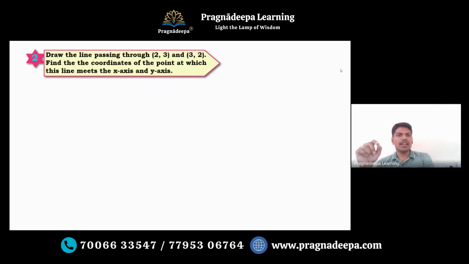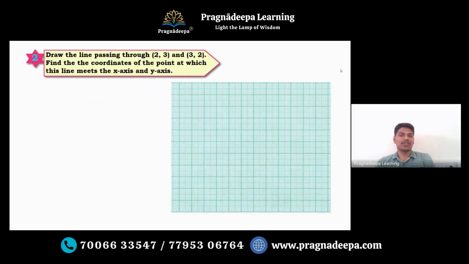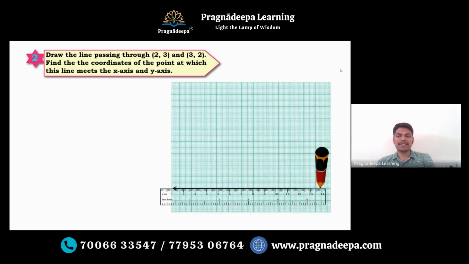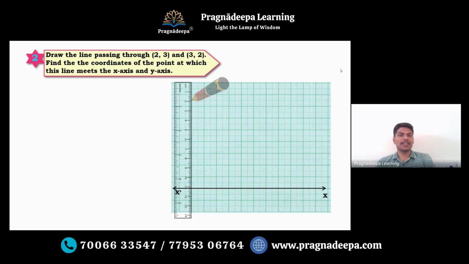Now see here, draw the line passing through 2 comma 3 and 3 comma 2. Find the coordinates of the point at which this line meets the x-axis and y-axis. So now what you do, you take the graph as usual, draw the x-axis and y-axis respectively, and you can start numbering it as 1, 2, 3, 4, 5, 1, 2, 3, 4, 5.